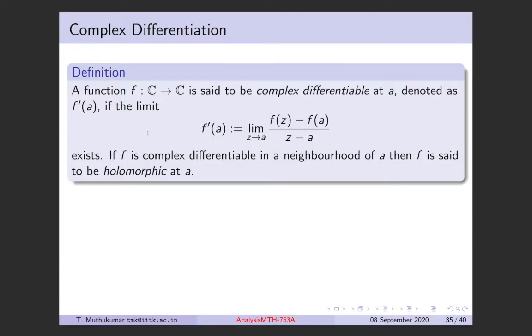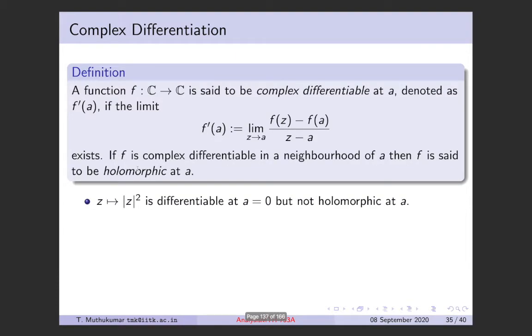Complex differentiability means that the function is differentiable at the point A. If the function is differentiable at A and also in a neighborhood of A, then you call it a holomorphic function at A. So a holomorphic function is much more restrictive than complex differentiable.